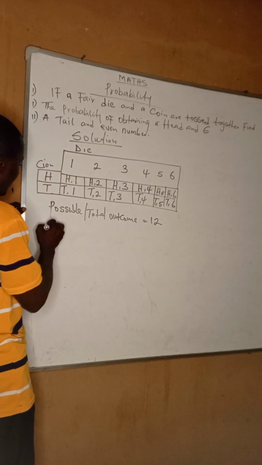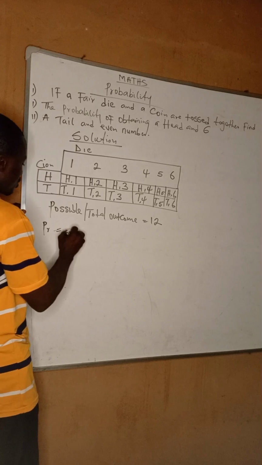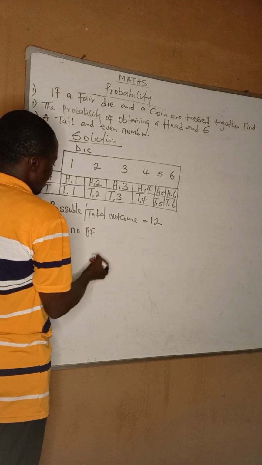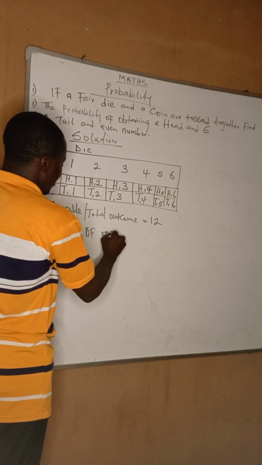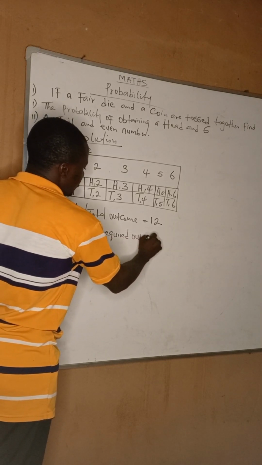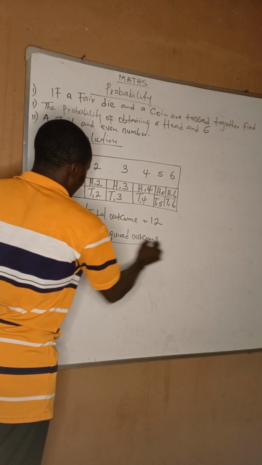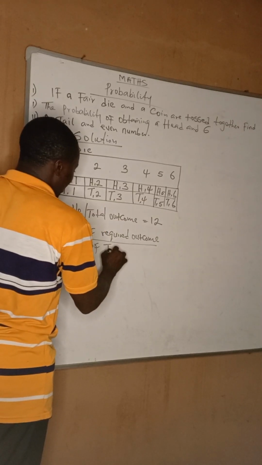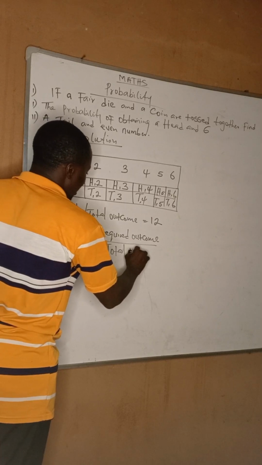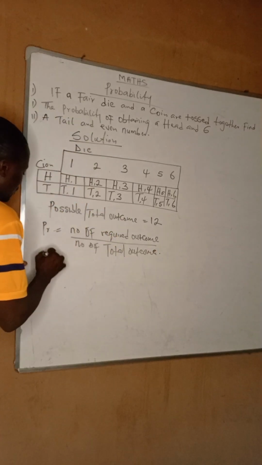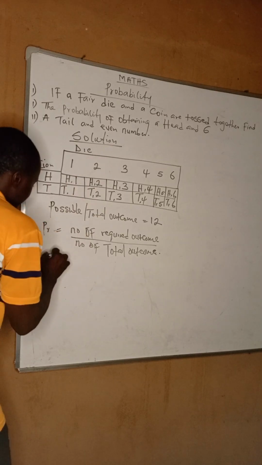So remember that the formula for probability is equal to the number of required outcomes over the number of total outcomes. It will now be the probability of obtaining a head and 6.